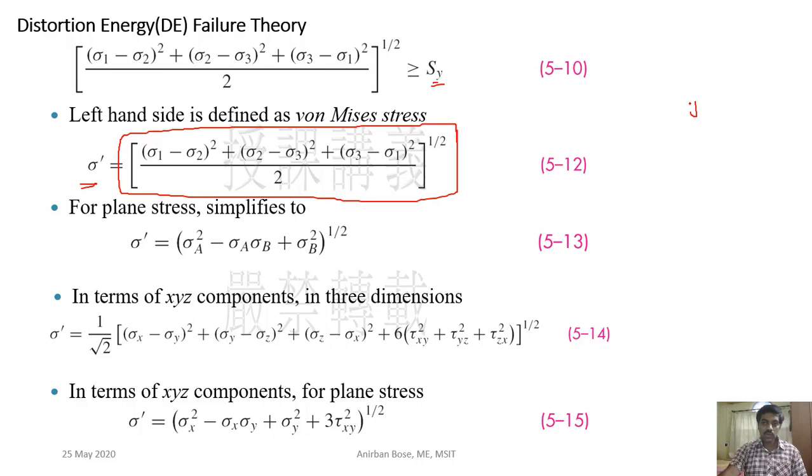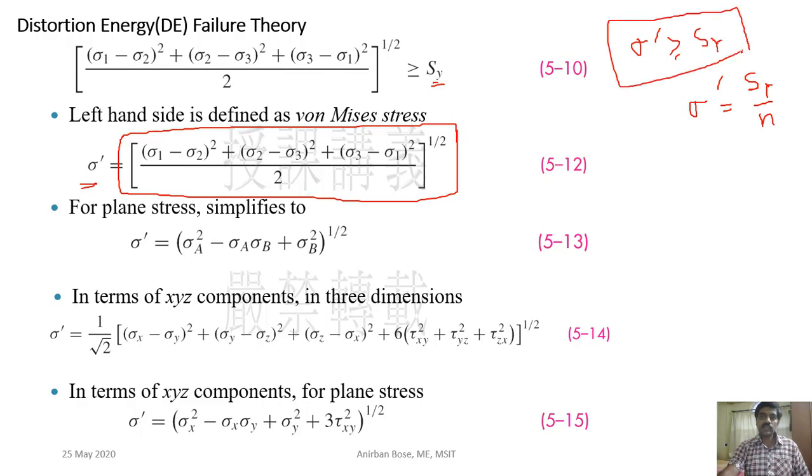Your theory is basically sigma prime equal to the yield strength of the material divided by factor of safety. If the von Mises stress is greater than or equal to Sy, then the material will fail. This is the von Mises criterion, or the distortion energy criterion, where von Mises stress is given by this expression.